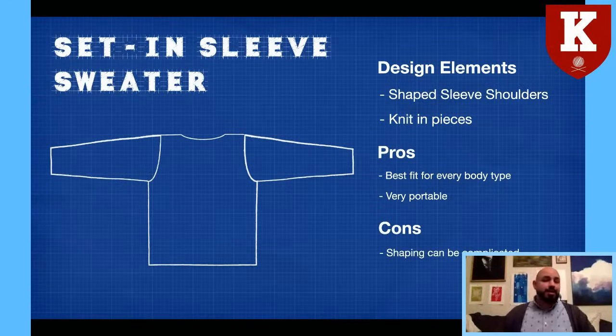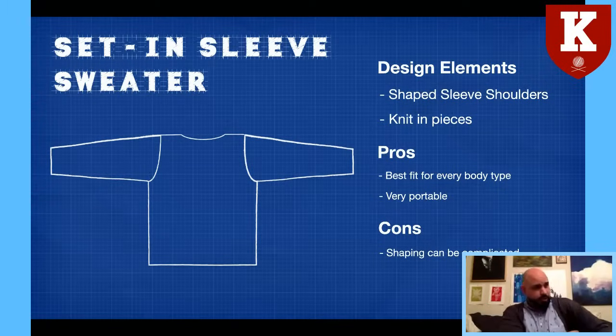If you have never done the math to do sloping decreases for something like this, it can sometimes feel a little daunting. There is a version of the set-in sleeve sweater that is only like a taper.